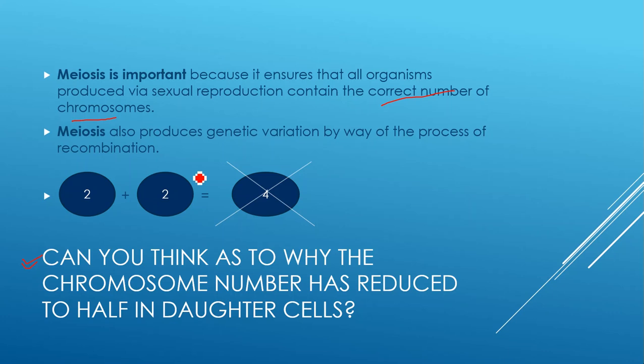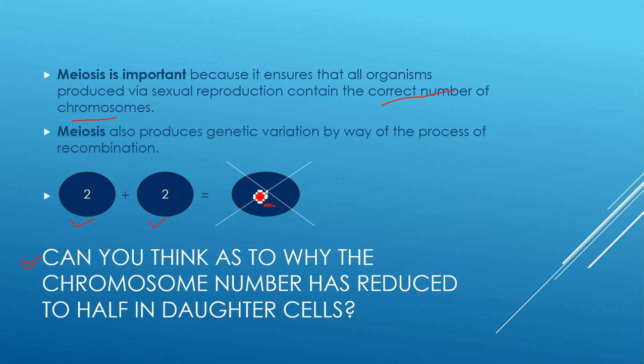In a similar way, if organisms produced through sexual reproduction do not give half the number of chromosomes, suppose we take an example: there is one species and it has 2 chromosomes per cell. In this condition, if father gives 2 and mother gives 2, with no reduction, it will reach 4, but that species has its specific number, that is 2, so the number is increased by 2.